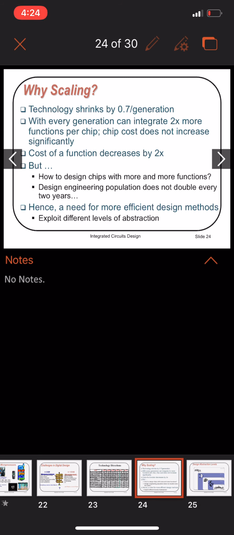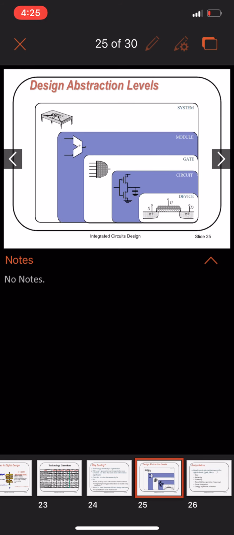How to design chips with more and more functions? The design engineering population doesn't double every 2 years. Hence, more efficient design methods are required. So here are some design abstraction levels. If you look at your integrated circuit, you can see the system level design.